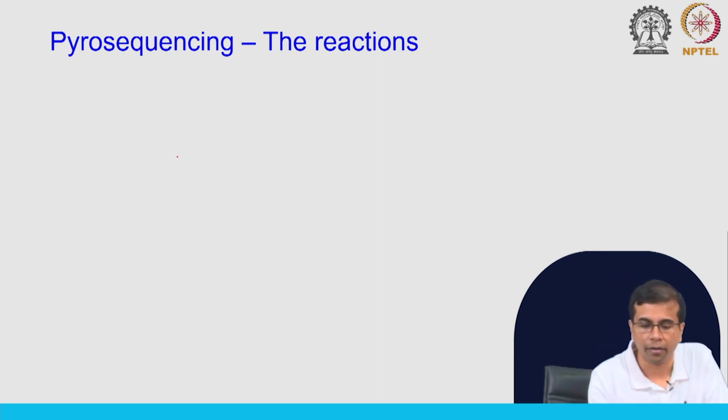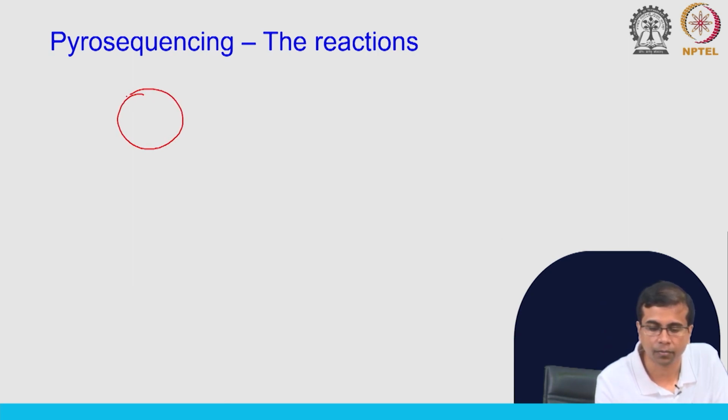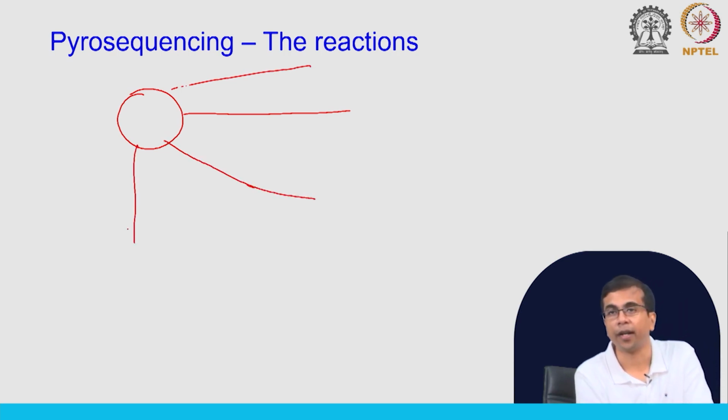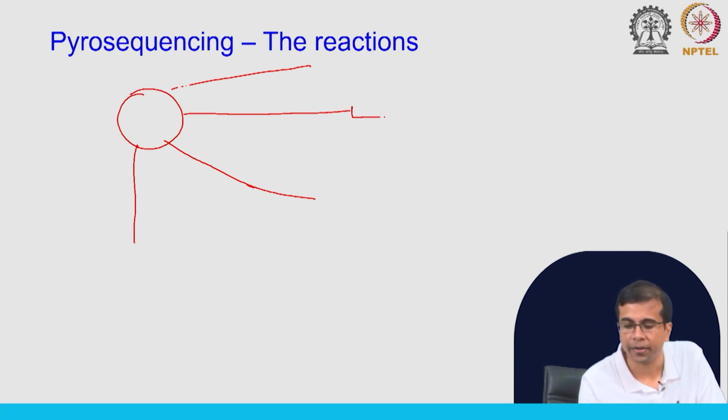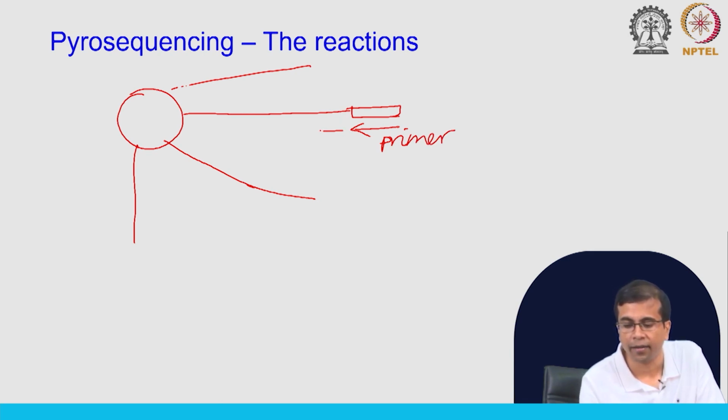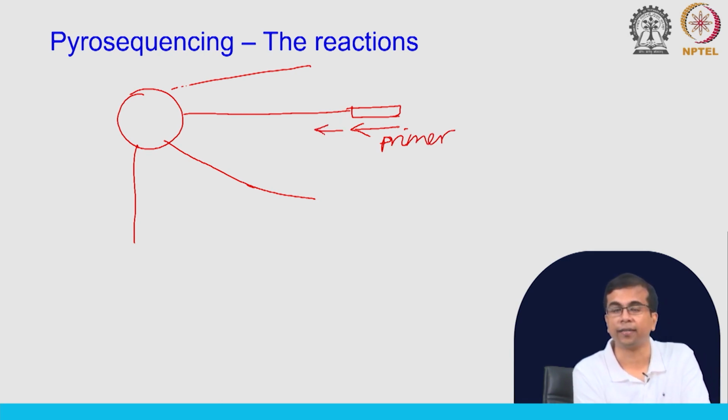You have this bead with this molecule, after the emulsion PCR. So, you have generated multiple copies of the same molecule, and we have these adapters here also. So, you can design primers that will bind here during the sequencing process and synthesize the complementary strand.